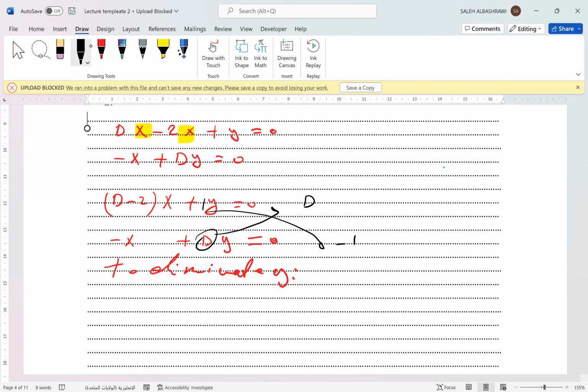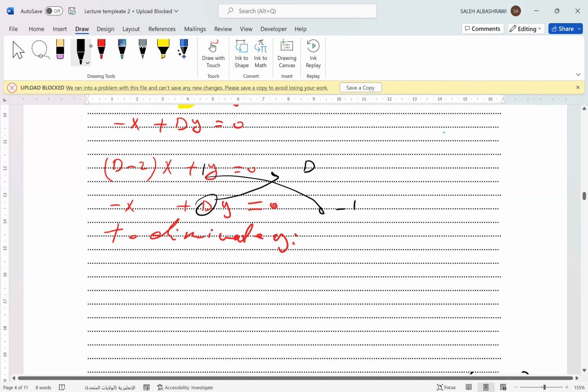To eliminate the variable y, we must have the same coefficient but opposite in sign, so that when we add, we cancel y. So the first equation will be multiplied by D.